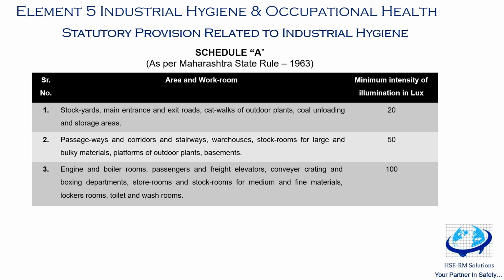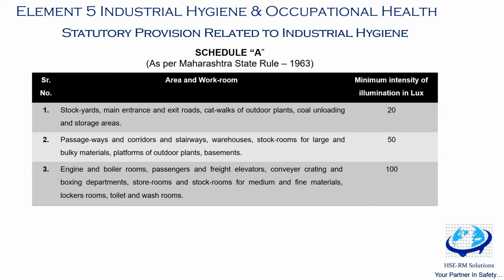As per schedule A of the Maharashtra State Rules 1963, the stockyard, main entrance and exit roads or catwalks, outdoor plants, and coal unloading and storage areas should have a minimum intensity of illumination of around 20 lux.